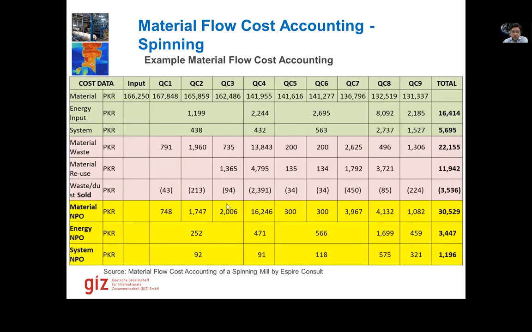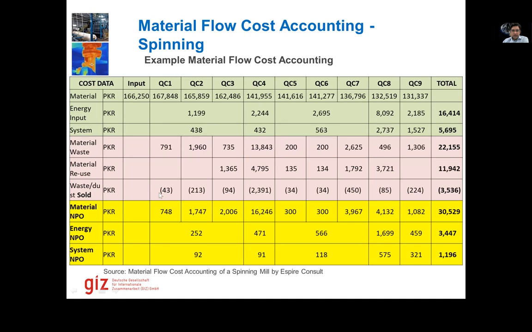So this is a sample cost calculation for you. For example, these values are in Pakistani rupees, because this was a Pakistani company. So we have converted all the quantities into Pakistani rupees, as you can see. The output quantities have these values, and then we have energy input values coming here in monetary terms, and waste values.